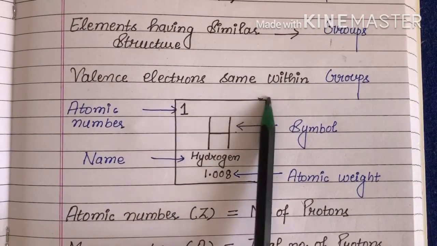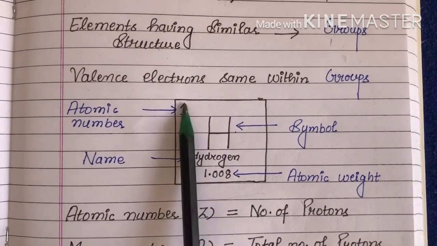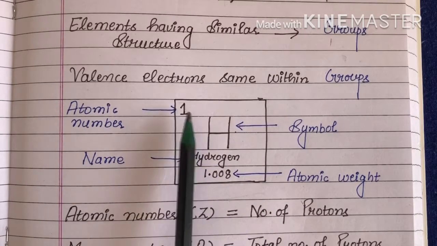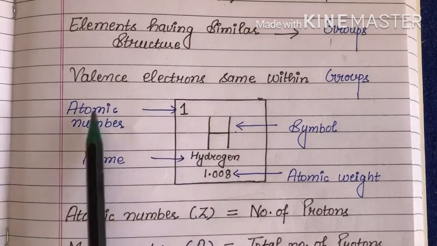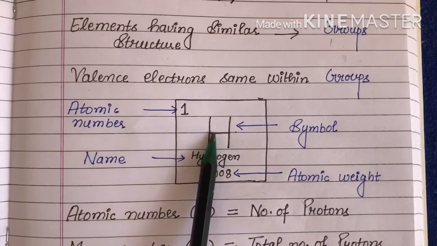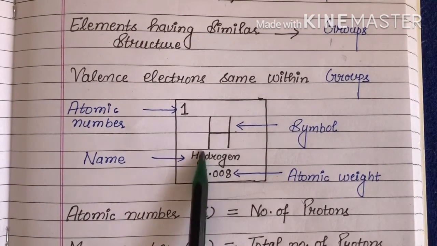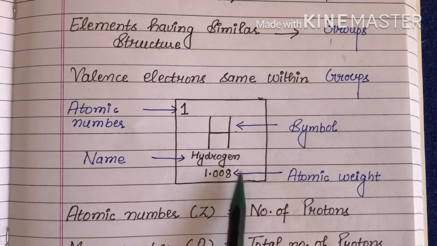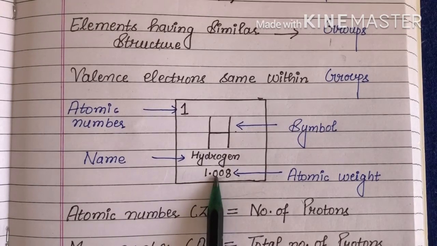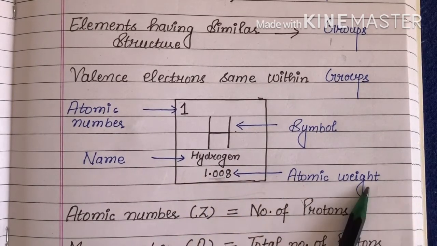Next, look here. In the periodic table, the elements are represented by this square. Here is written the atomic number, this is the symbol of the element, and here is the name of the element, and at the bottom there is the atomic weight.